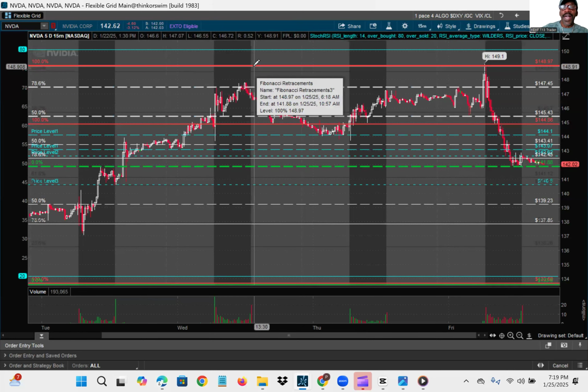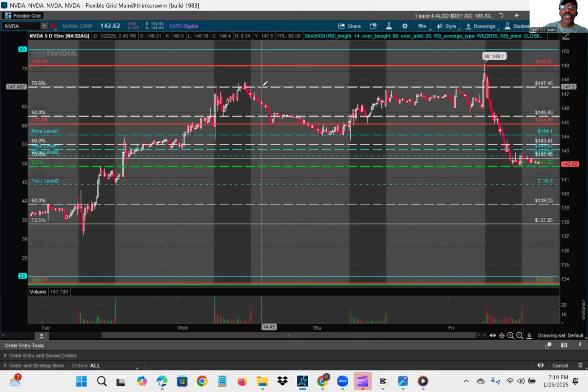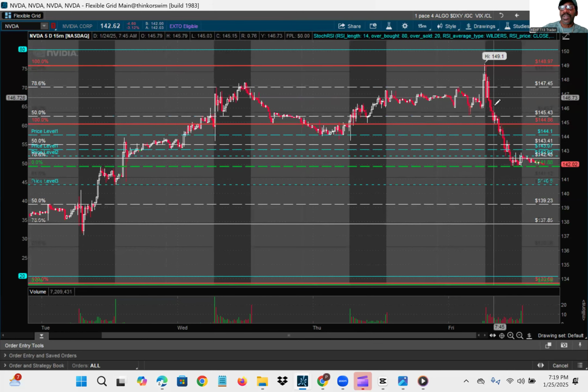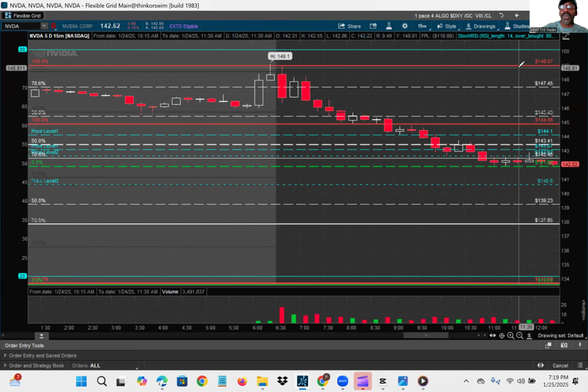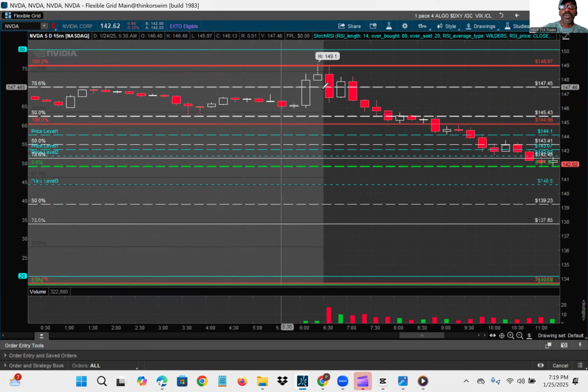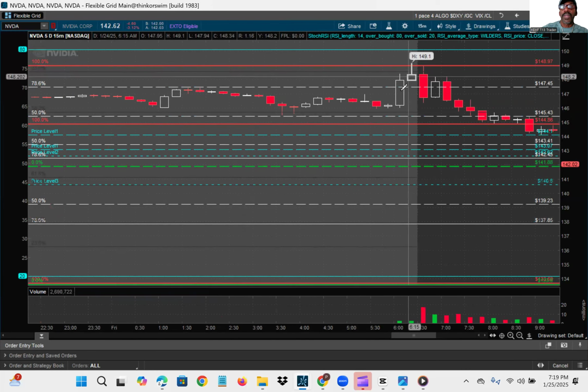This is the high. Now, look at there: 1, 2, 3 lower highs, and it went down. NVIDIA went down. But it also showed it already here. It came up.